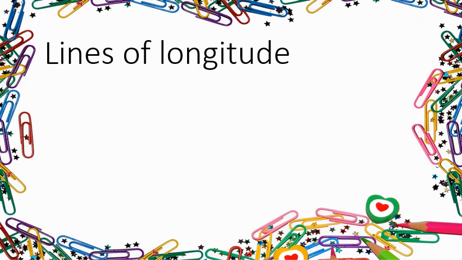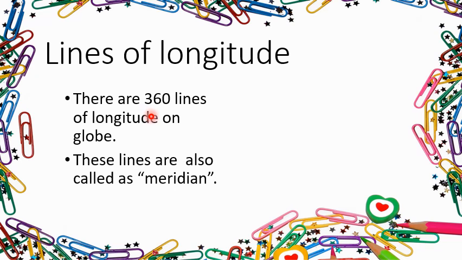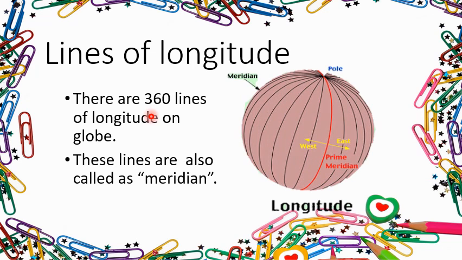So students, let's learn about the lines of longitude. How many lines are there? There are 360 lines of longitude on the globe. And these lines are also called meridians.